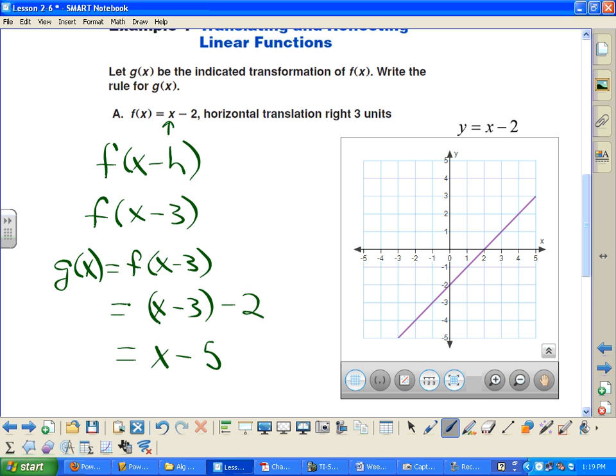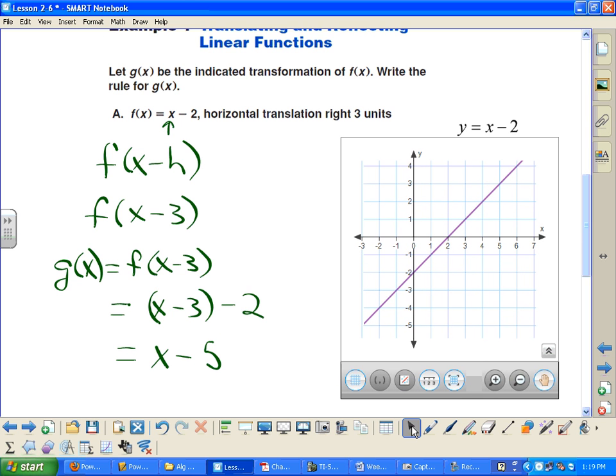Let's think about what that looks like. If I move the point at 2, 0 three to the right, I'm going to be over here. And if I take the point at 0, negative 2 and move it 3 to the right, it's going to be there.